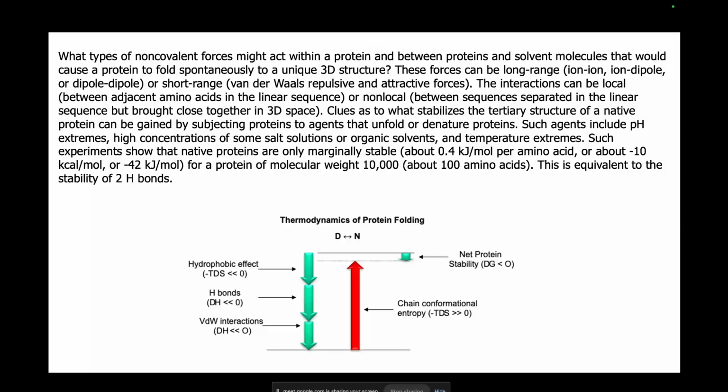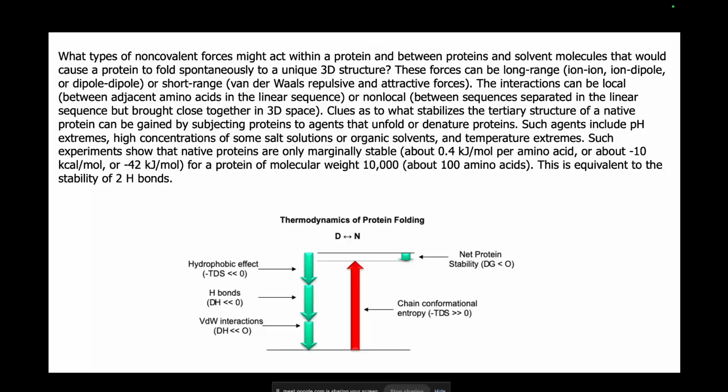And this chain conformational entropy is a thermodynamic quantity. That is how it is defined. It is associated with the number of possible spatial conformations of the protein. It is an entropy that directly affects the stability and the flexibility of the protein.